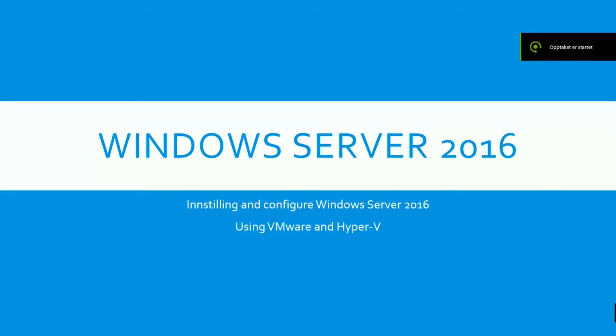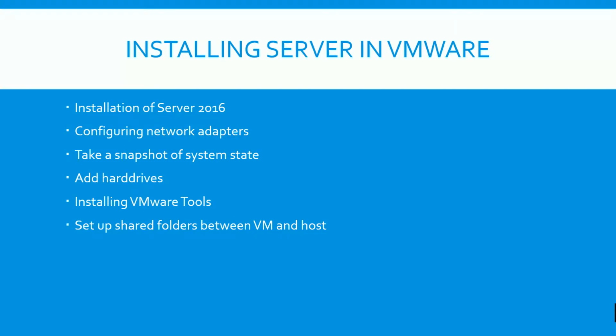We're gonna take a look at Windows Server 2016, where we're gonna go through installation of the server and a few things. So this is gonna be fun. What we're gonna use here is VMware as a virtual tool.